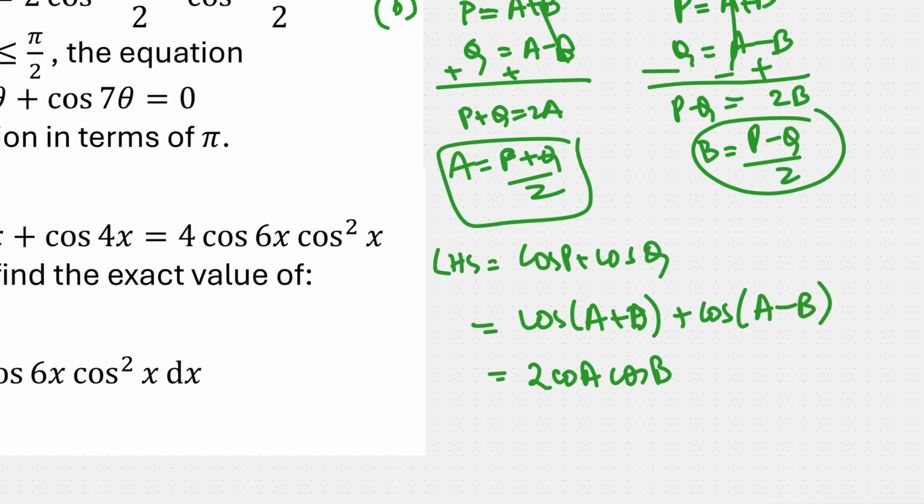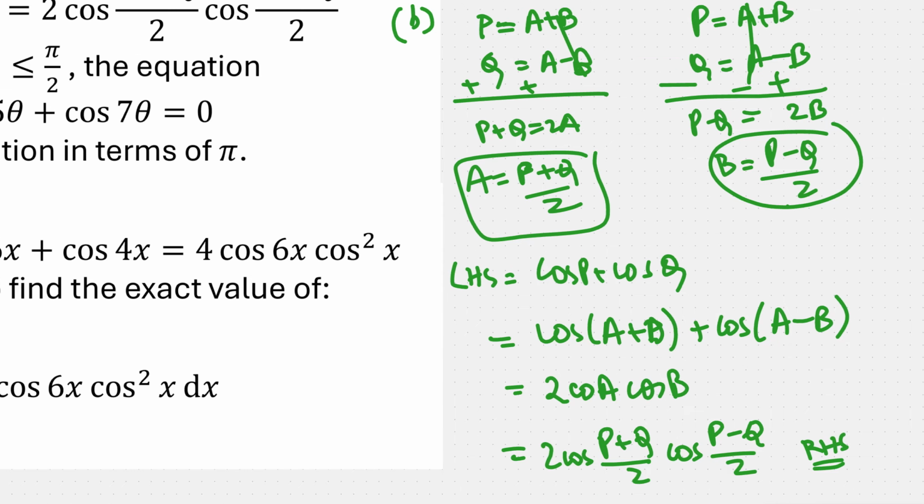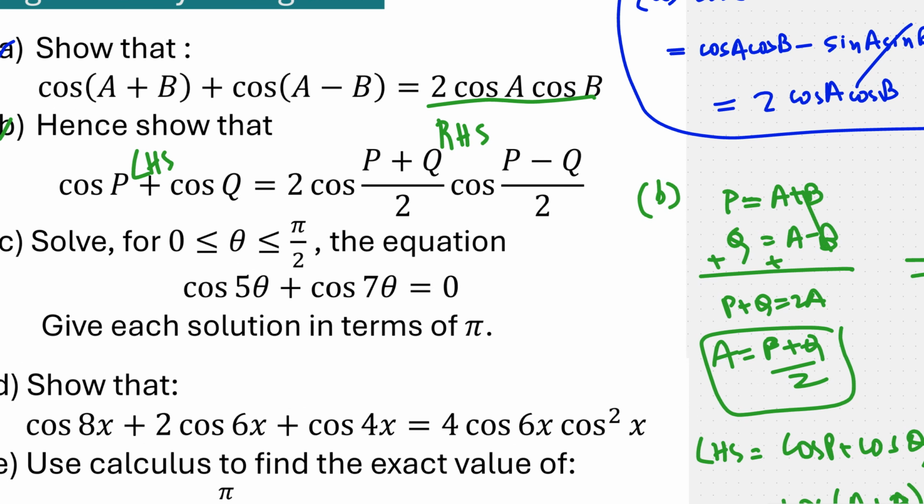So now we replace A with (P+Q)/2 and B with (P−Q)/2. So that is equal to 2 cos((P+Q)/2) times cos((P−Q)/2), and that is the right hand side. So that completes the second bit as well.